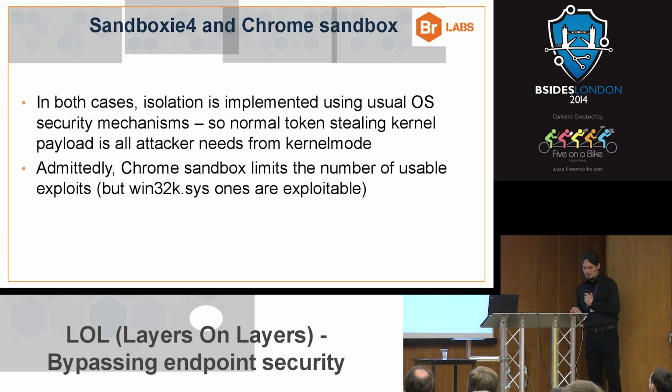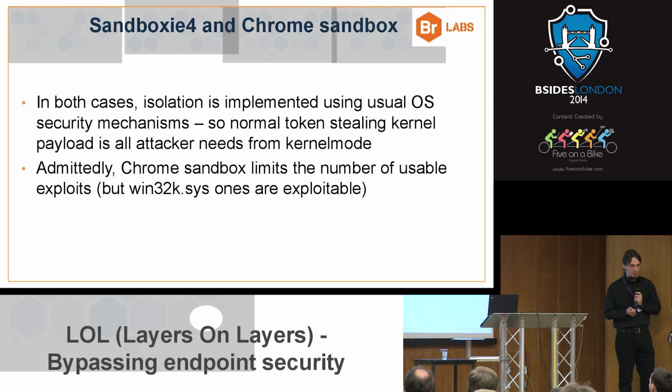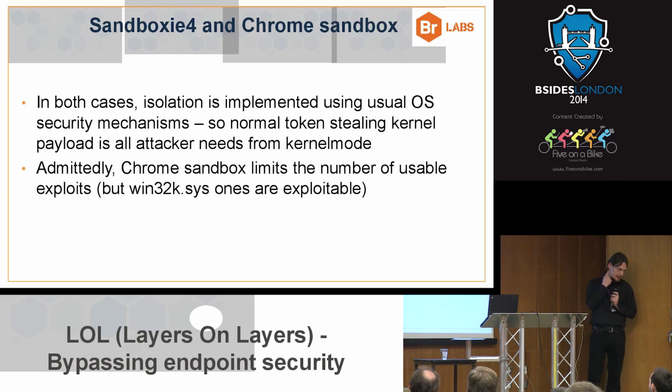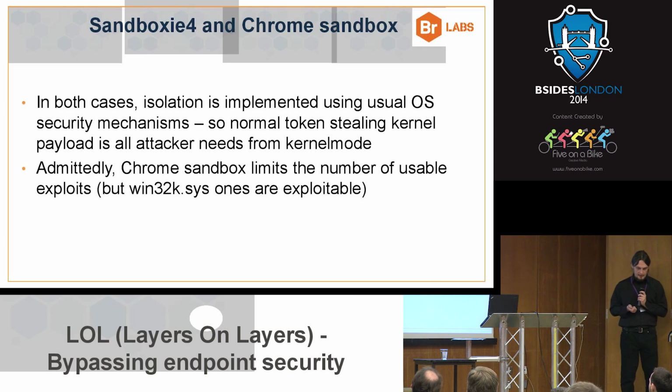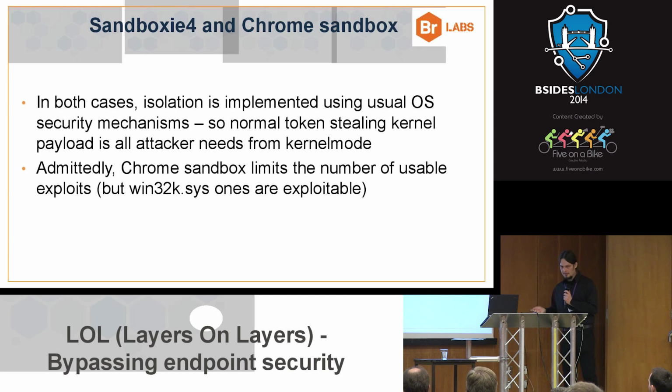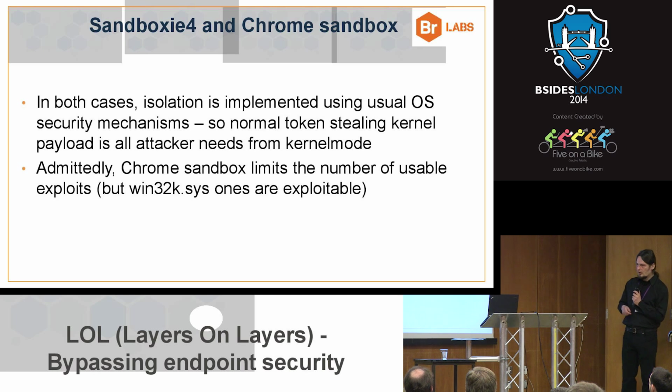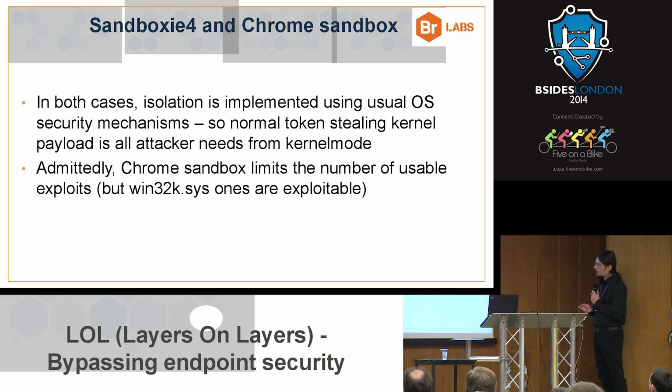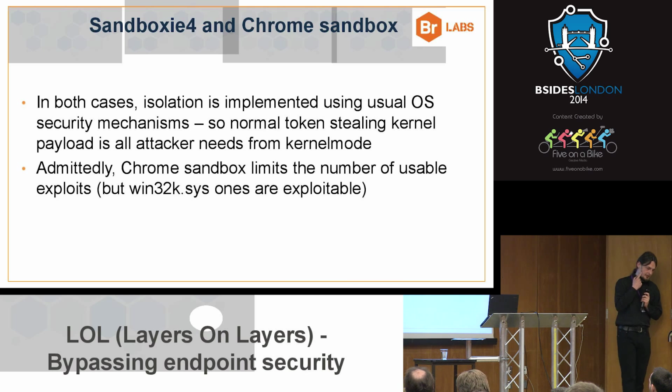One positive thing that can be said about Chrome Sandbox: it limits the number of usable exploits. That's interesting, because it runs in an environment in which some resources required to launch many kernel exploits are not available. For instance, you cannot run a debugger in such an environment. So that's good, but the problem is that all the exploits related to the graphics subsystem are still exploitable.